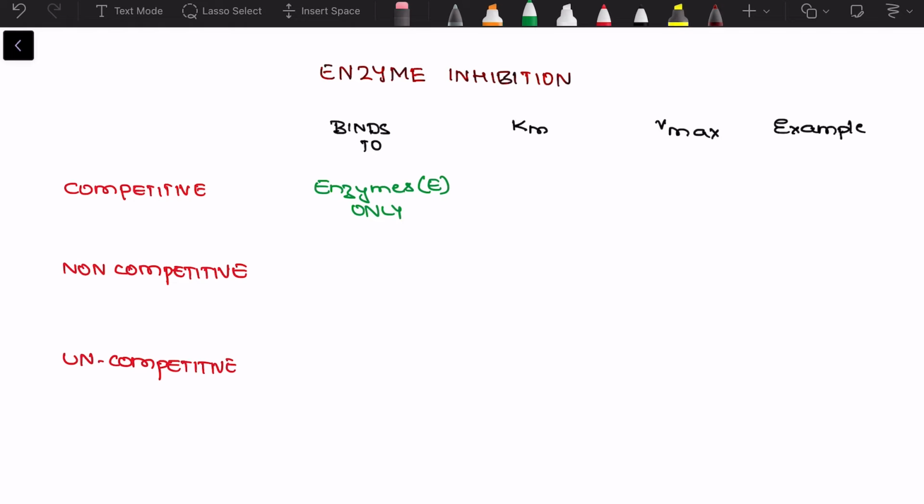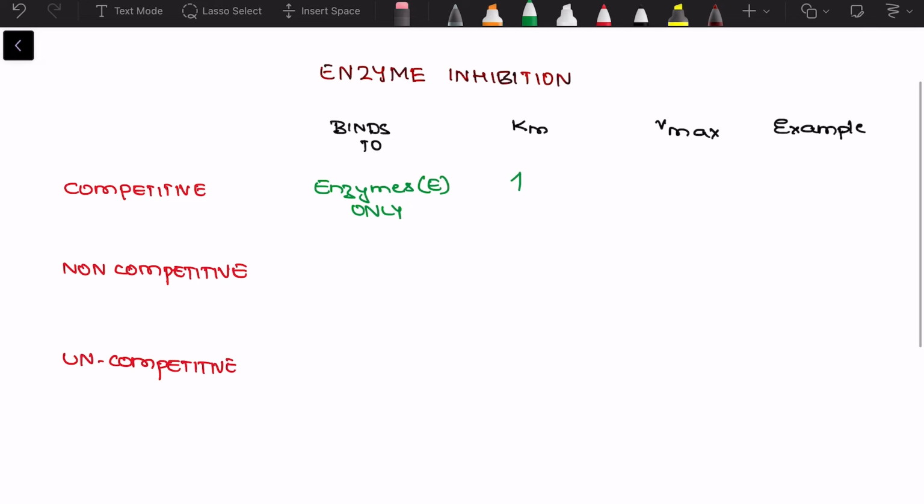When the competitive inhibitor binds to the enzymes, that means you need to work harder. In this competitive world, whenever you fall into competition, you need to increase your speed.